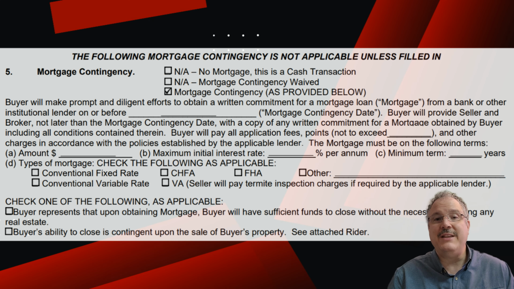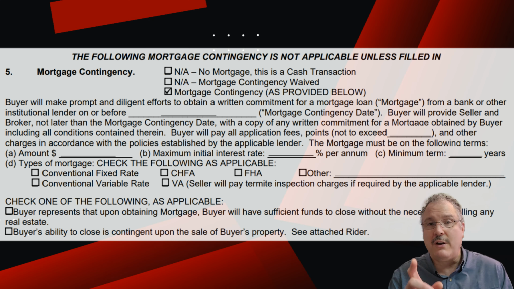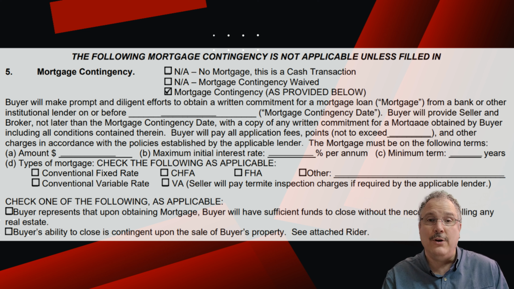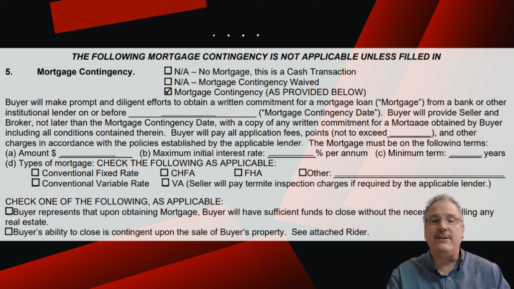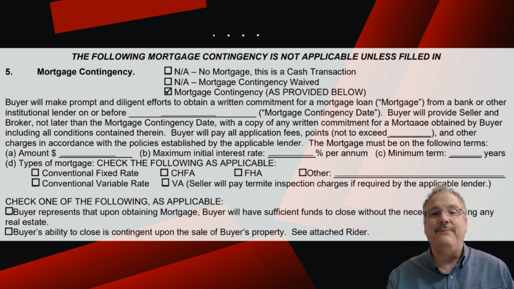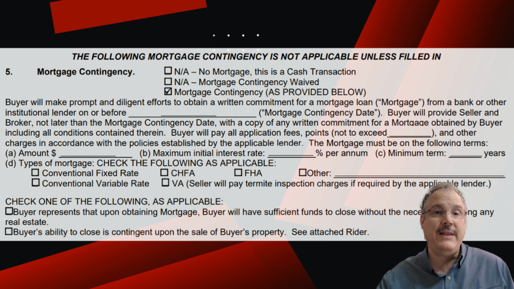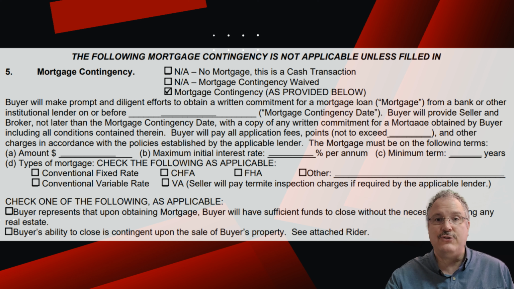Section 5 is the mortgage contingency, and I'm going to take a moment here to talk about contingencies in that word. So there are two main contingencies in the purchase contract, the inspection and the mortgage contingency, and they're going to outline some parameters that if those parameters are not met, speaking specifically to this mortgage contingency, it allows the buyer to get out of the contract legally without breaking the contract.